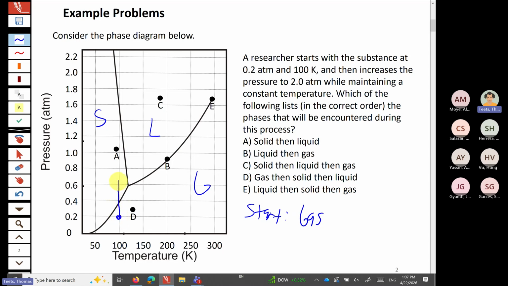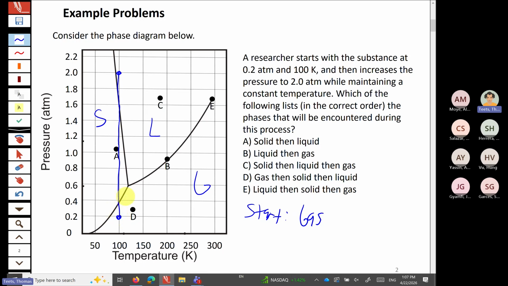We're going to follow that line straight up, constant temperature 100 Kelvin, all the way up to 2 atmospheres, all the way up to there, okay? So we go all the way to there. Now, as we go through this process, we see that we cross 2 lines.